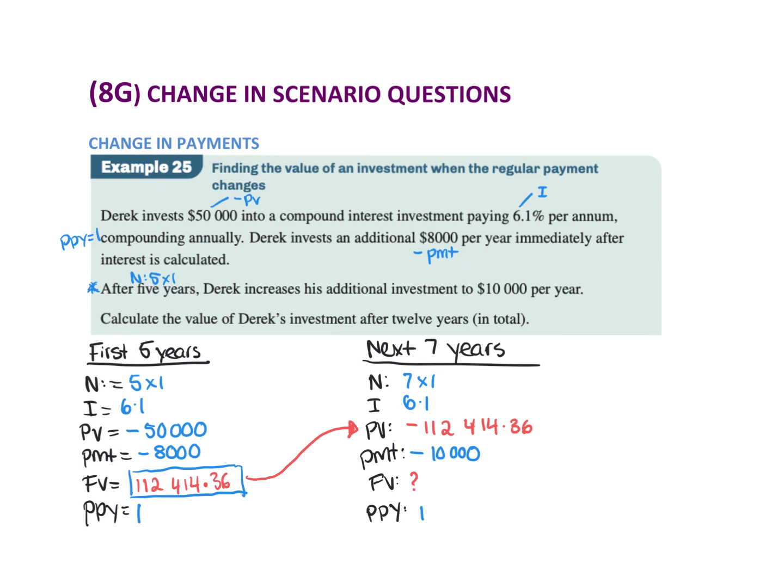Okay, so when I pop that in, this is my final value, and I get my answer to be $254,343.79. So it says calculate the value of Derek's investment after 12 years. So we'll just say after 12 years, it's $254,343.79. They didn't say any decimal place, so we'll just do it to the nearest cent. That's it.